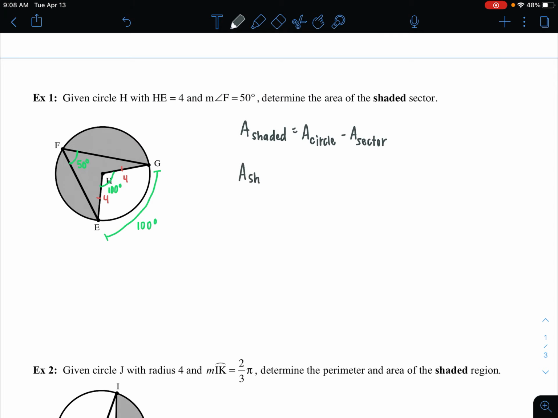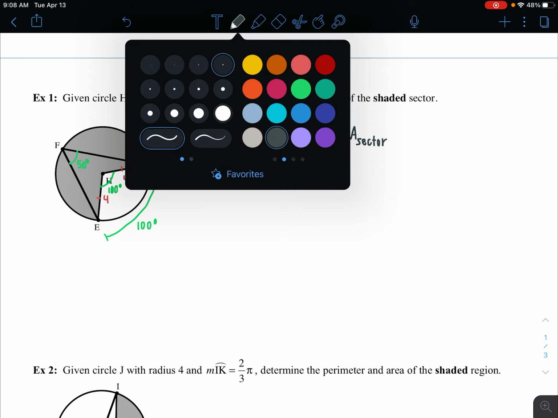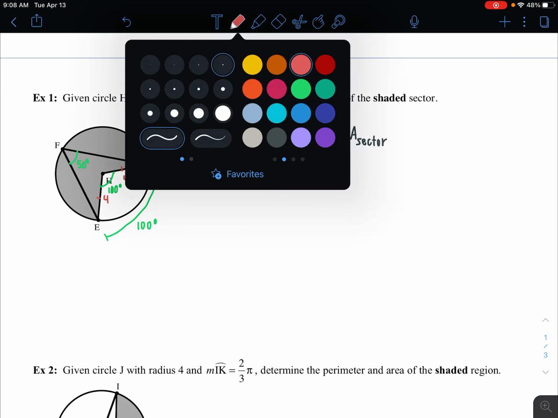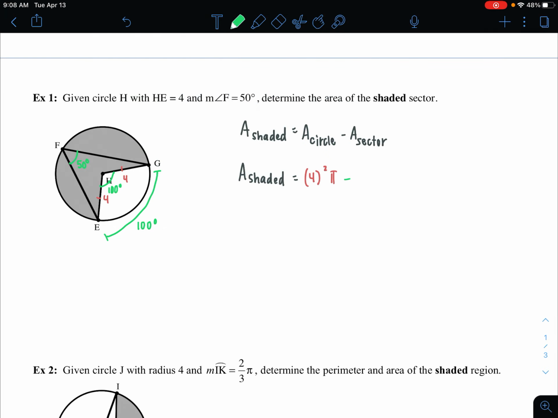The area of my shaded region is going to equal the area of my circle, 4 squared times pi, minus the area of my sector. The area of the sector formula is the angle measure, so 100 divided by 360 times the area of the circle, which is 16 pi.